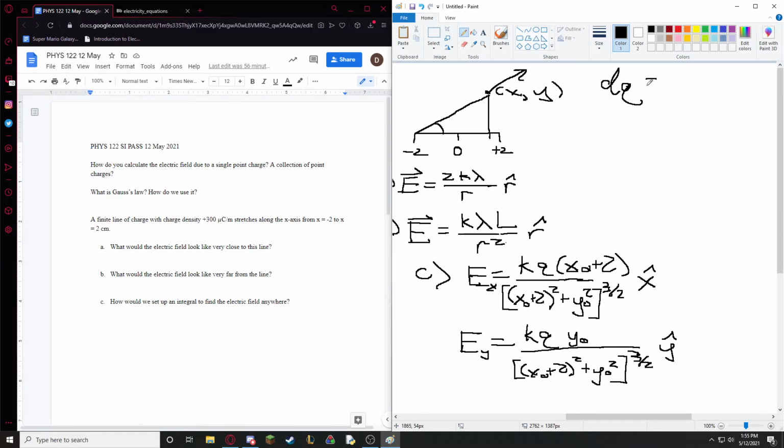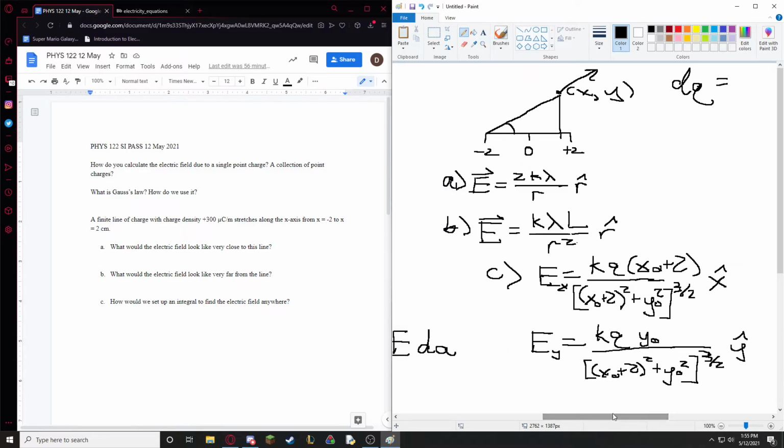How do we get dq in terms of something we can actually integrate? Well, remember our total charge of our line, Q, is going to be lambda L, right?